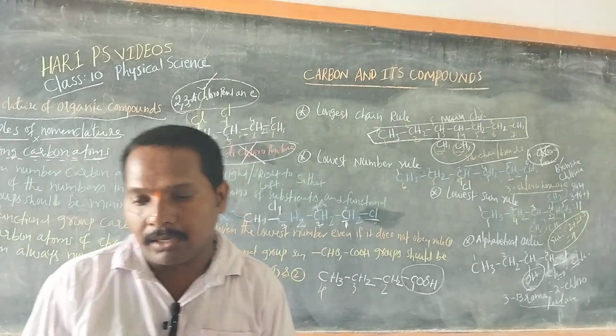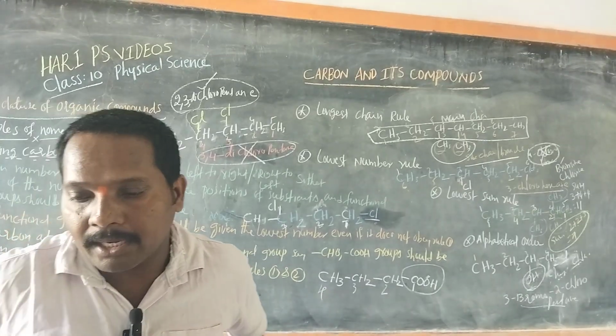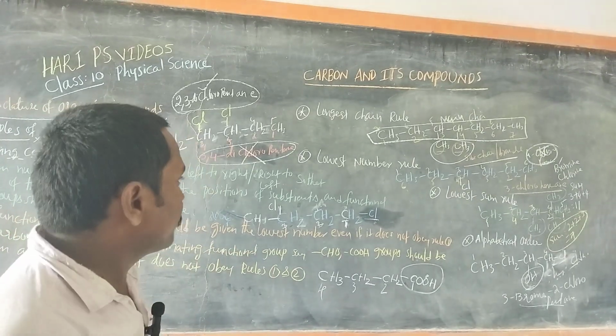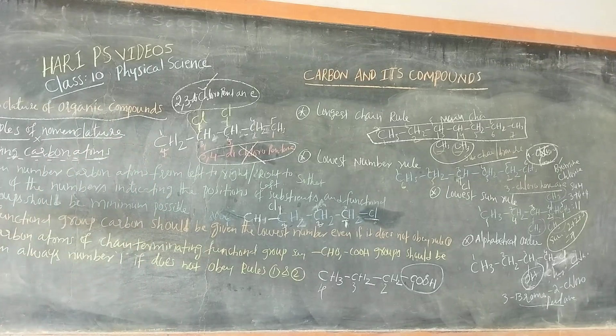So these are the principles for nomenclature. Numbering carbon atoms, give from left to right or right to left, but if any carbon atom has substituents, it must be given the minimum possible number. The functional group carbon should be given the lowest number.